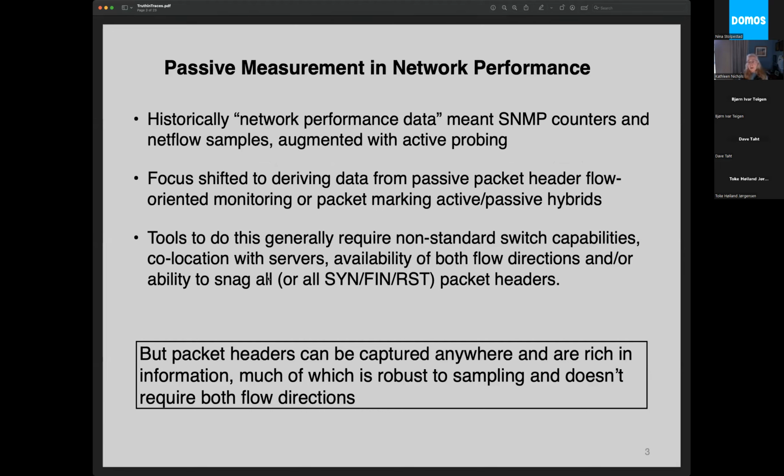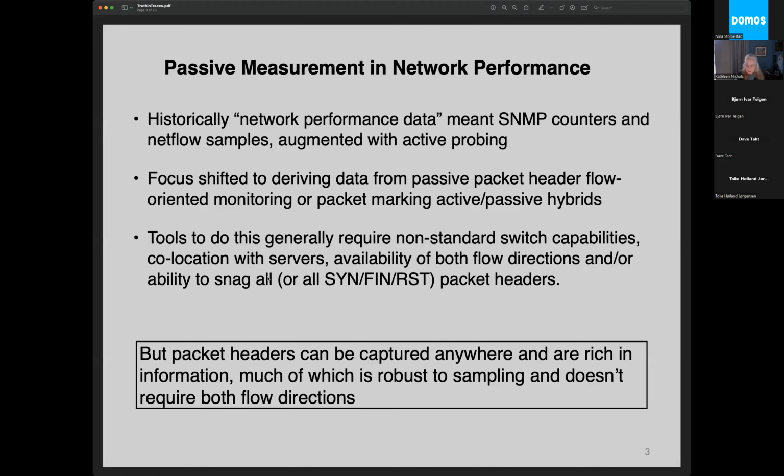So historically, when we thought about passively measuring networks, we did things like SNMP and NetFlow, and that's pretty crappy information. But really what we can do here is capture the packet headers, and then we get all the same information that applications get. And there's a lot of information to mine from the packet headers.